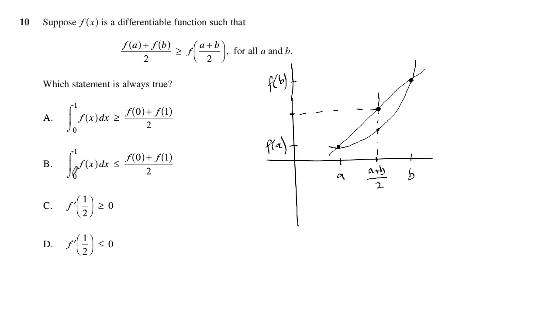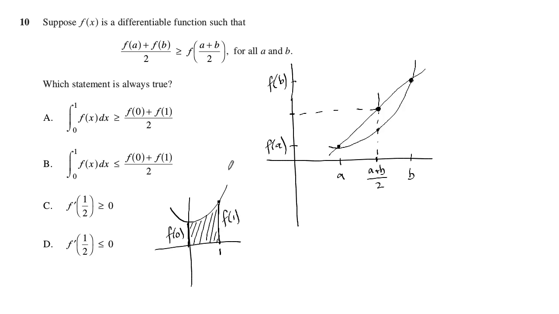So if we're doing the integral from 0 to 1 of f of x, where f of x has to be concave up, it could be something like that. And that integral is the same as the area in here. So if we think of that as an area, maybe we can figure out if this is true. So f of 0 is that height there, and f of 1 is that length.